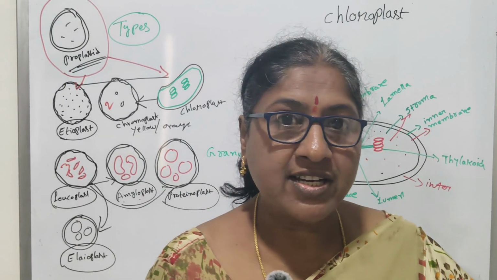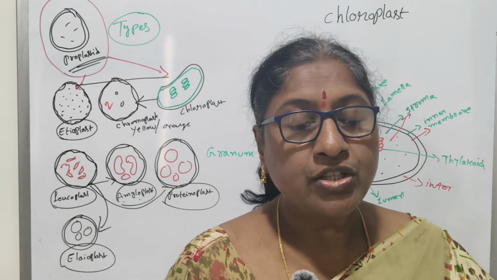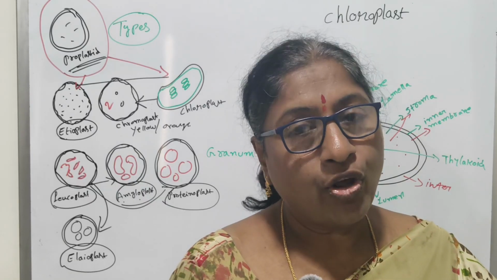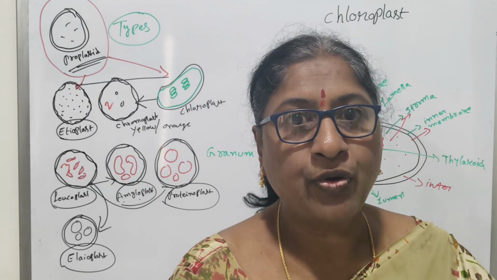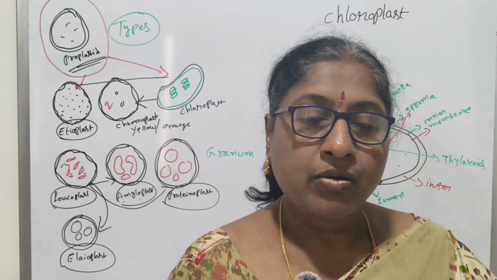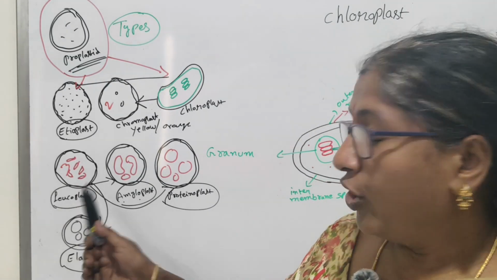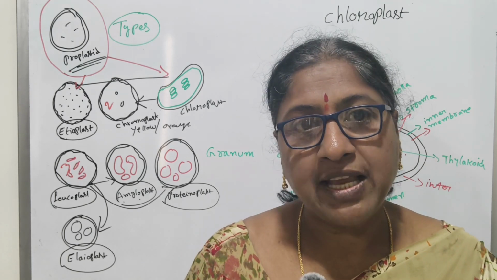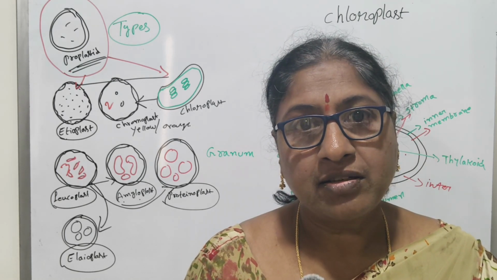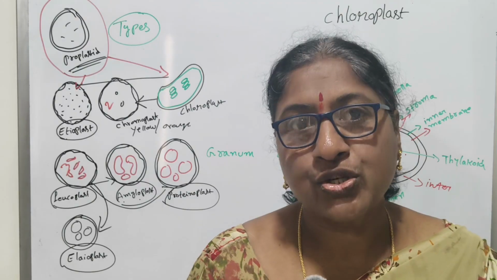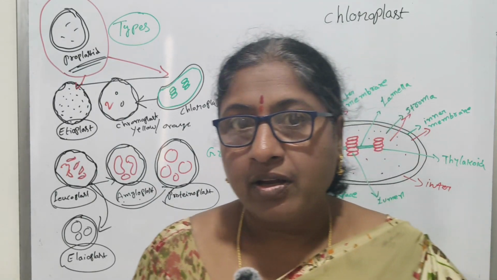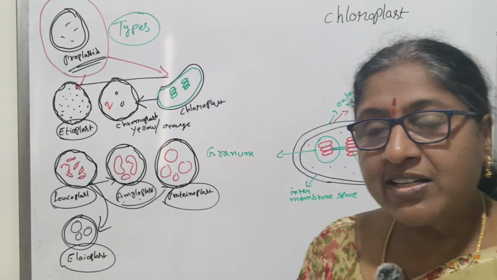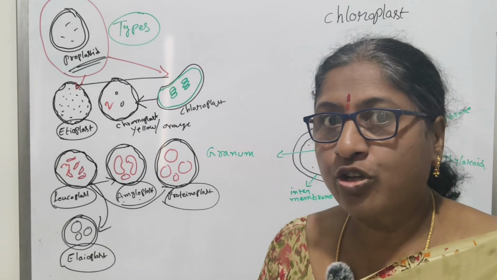Especially these plastids are helpful in storage of the food and synthesis of the food. So chloroplast is helpful in synthesis of the food, whereas this leucoplast is helpful in storage of the food. Leucoplast can be seen mainly in seeds and also in roots, whereas chromoplast is seen in flowers and also leaves.